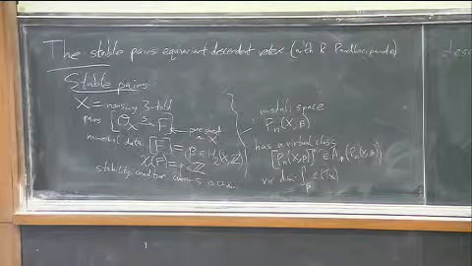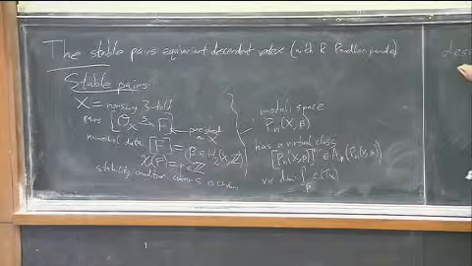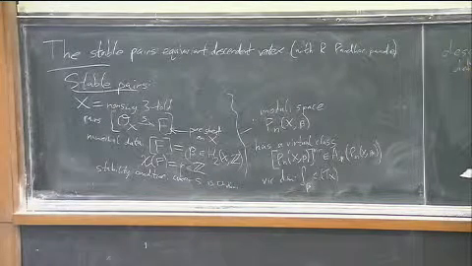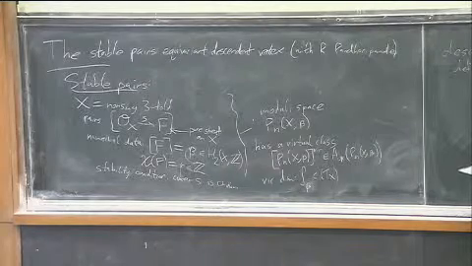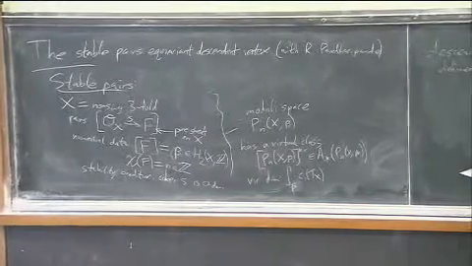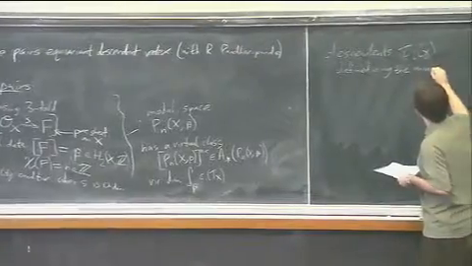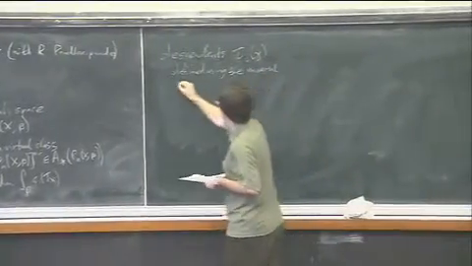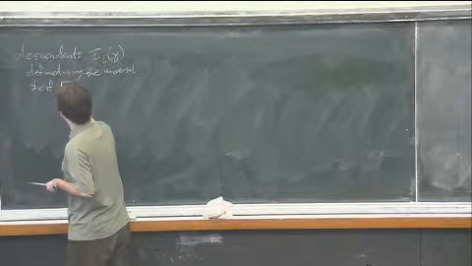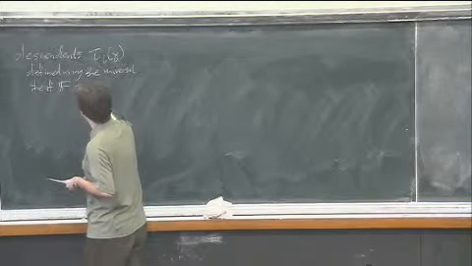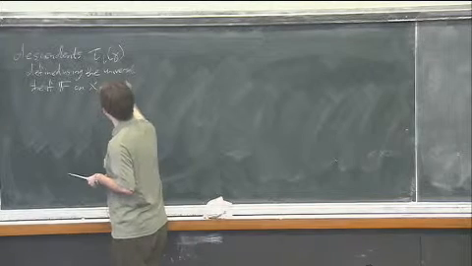So these descendants, they're defined using the universal sheaf that you have on X cross P_n(X, beta).